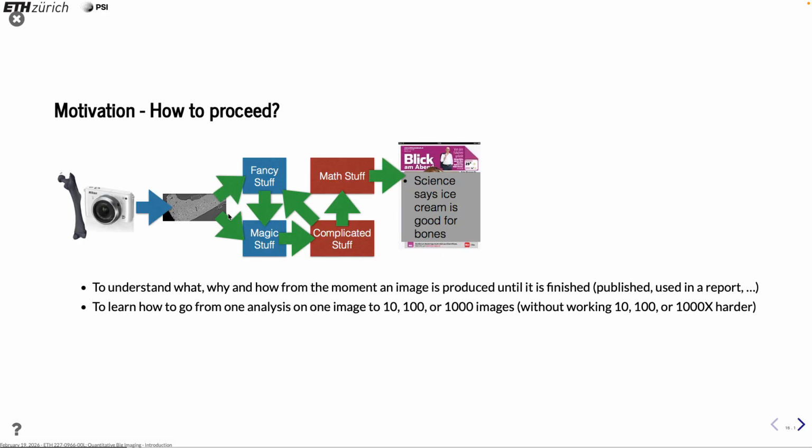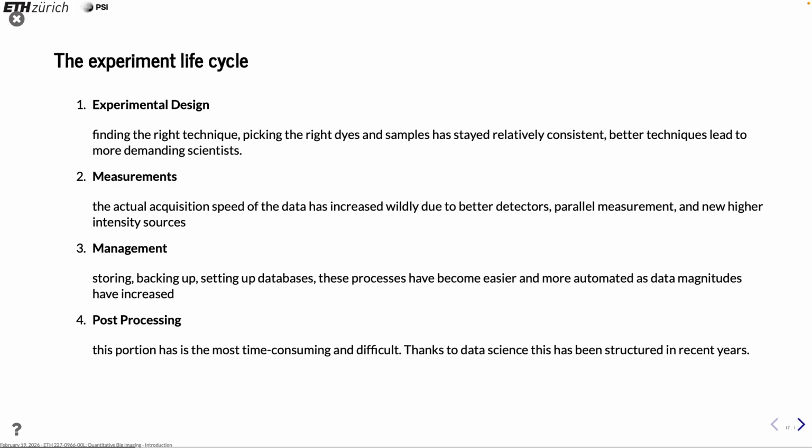So, how to proceed? You start setting up your image processing workflow. In this plot, you get your images, and then you do some fancy stuff, some magic stuff, then some really complicated stuff, and some mathy stuff too. That's always good. And then afterwards, you recognize that ice cream is good for your bones.